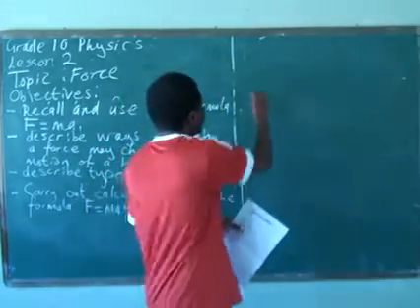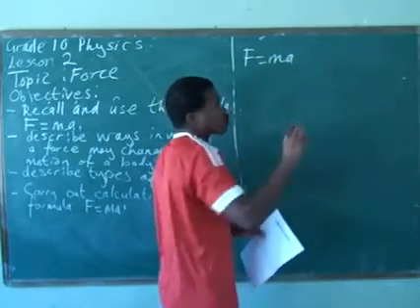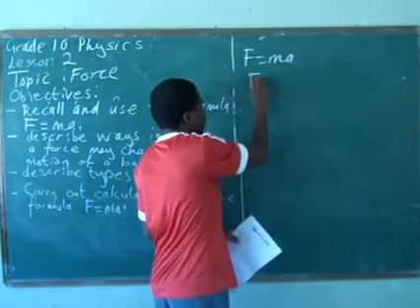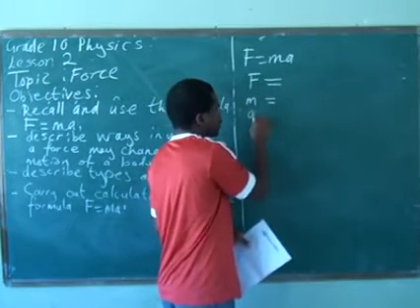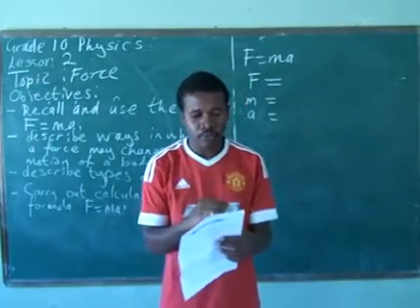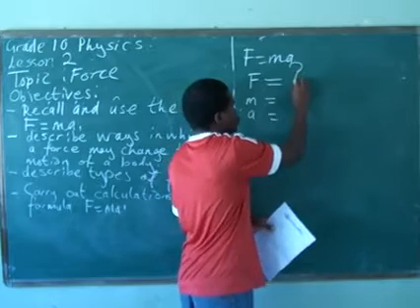So remember, your formula is this one: F is equal to ma. What you should be able to do whenever you're given a word question is to identify: am I given force? Am I given mass? Am I given acceleration? Or what is being asked for? You are being asked to determine the size of the force. Therefore, the force is not there.